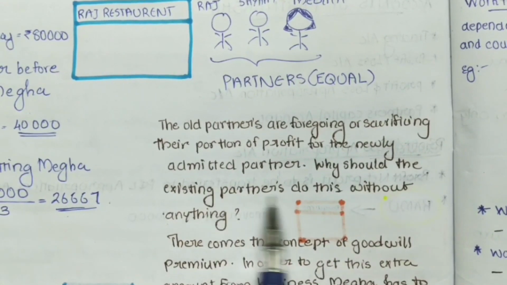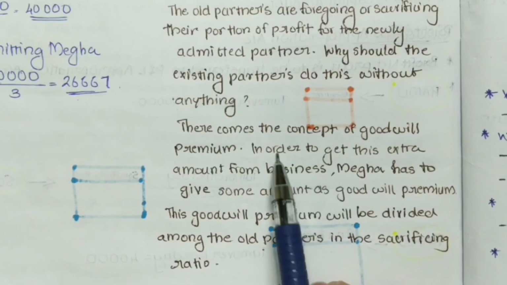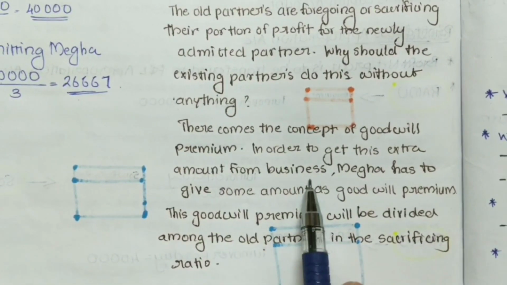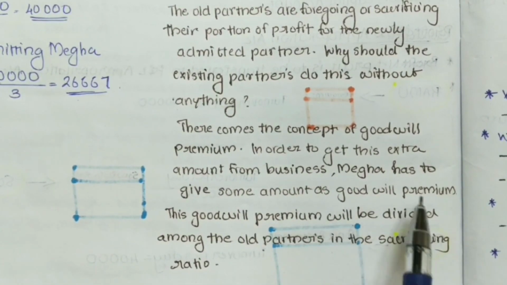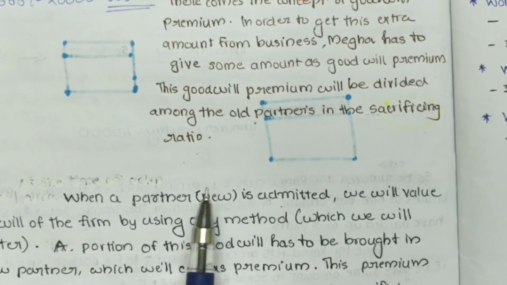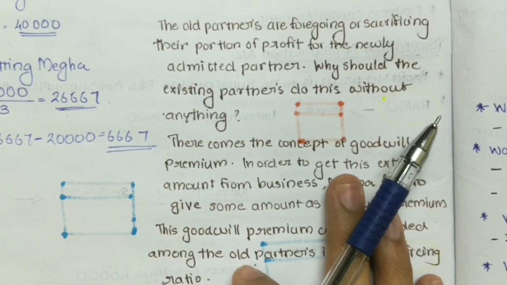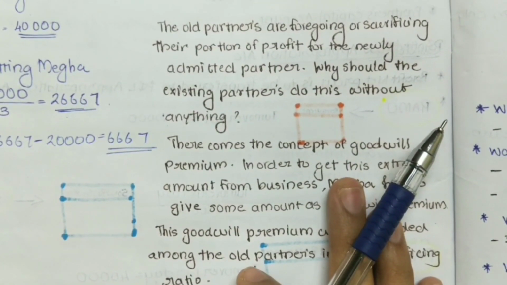Why should the existing partners do this without anything in return? And there comes the concept of goodwill premium. In order to get this extra amount from the business, Megha has to give some amount as goodwill premium. We already talked about the instance where Megha starts her own business, Megha restaurant, and she gets rupees 20,000 per day as turnover.